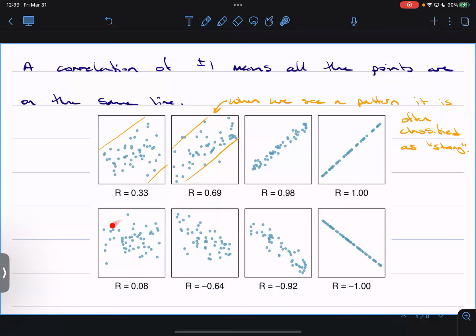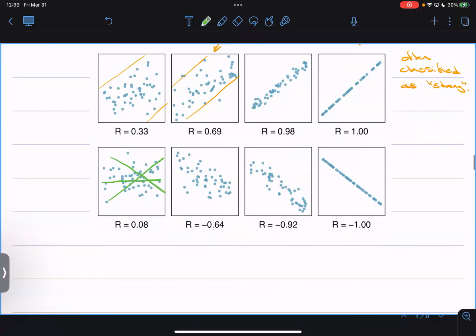Here's a correlation of 0.08, which is very, very close to 0. Notice that there are lots of different ways that you could draw this line. You could draw it like this. You could draw it like this. There's no anchor. When you have that situation, you have no relationship. Okay. So here, no relationship.